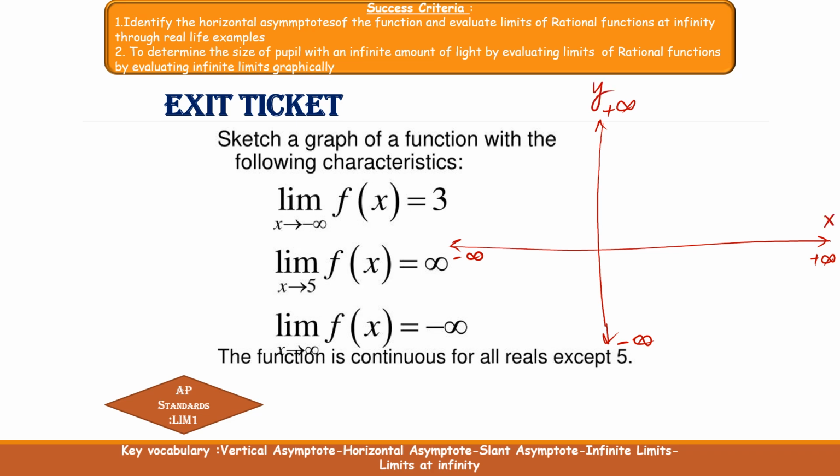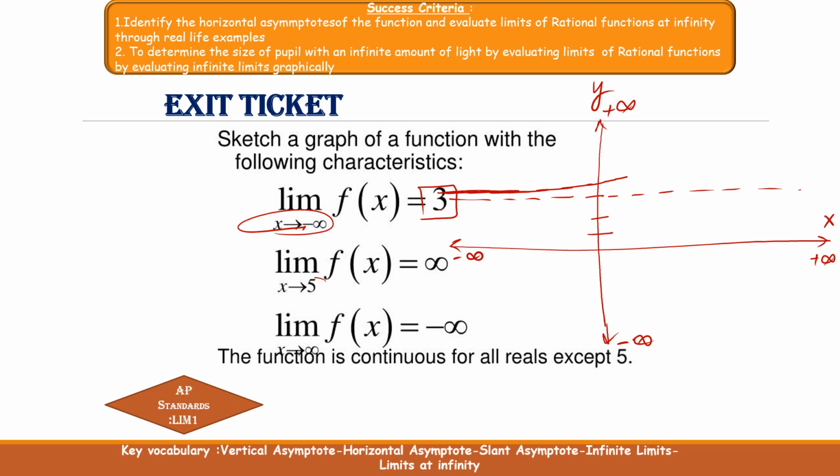When x is approaching negative infinity, the y value is 3. So 1, 2, 3. Y value 3 means there is a horizontal asymptote. You can make any kind of graph which gives you a horizontal asymptote at 3. So I can go like this, just to represent. This is my half graph.